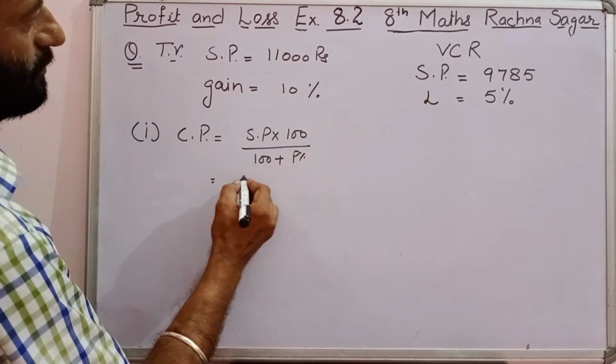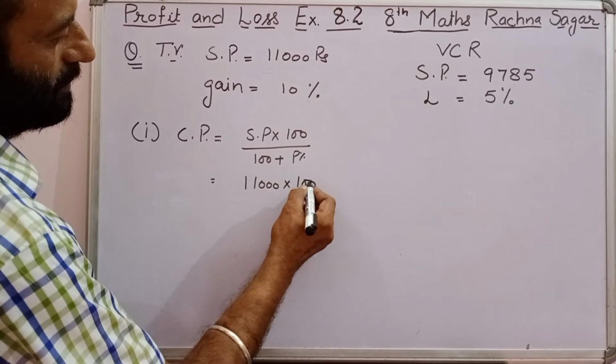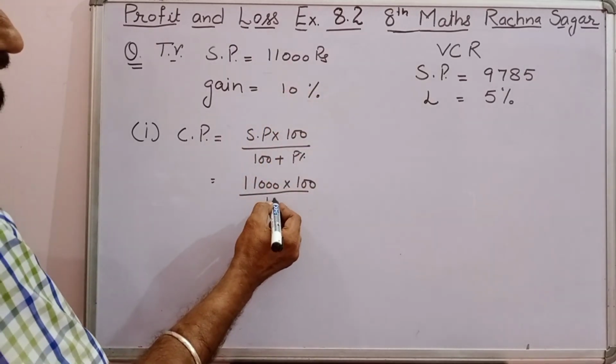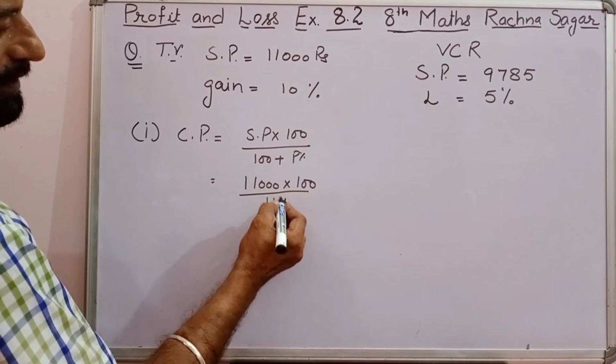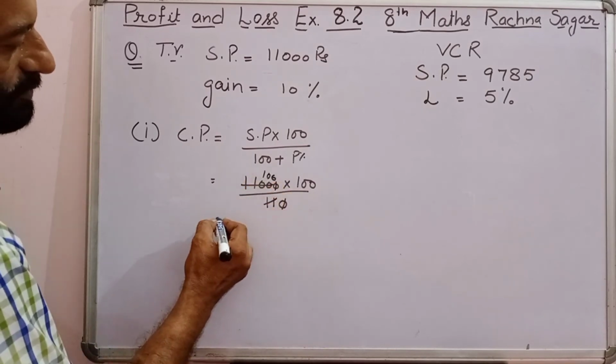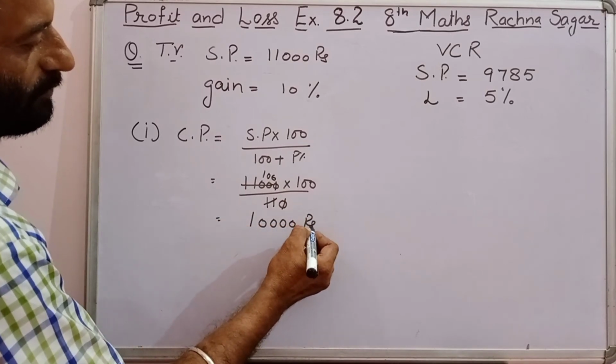So it is equal to 11,000 into 100 over 100 plus 10, 110, and it comes out to be 10,000 rupees. So cost price of the TV is 10,000 rupees.